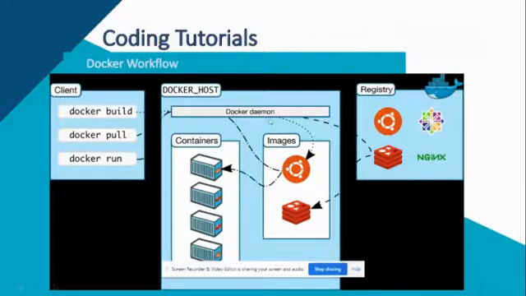This is like a global repository, and next time it will pull from here. When you want to run the image in the container, you specify the image for that container so that it will build it and run it.